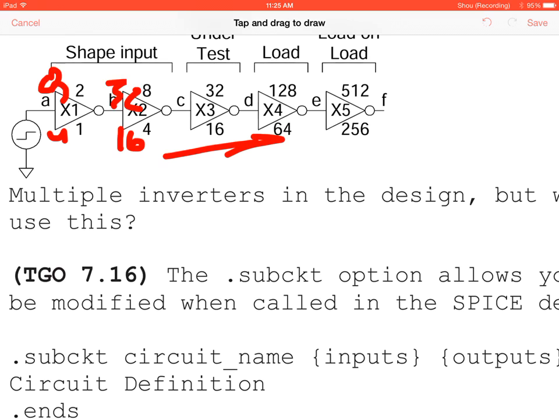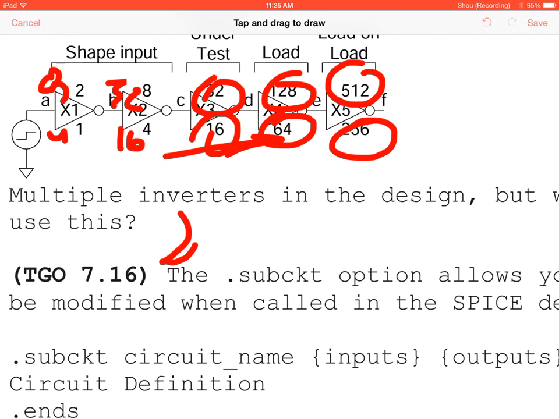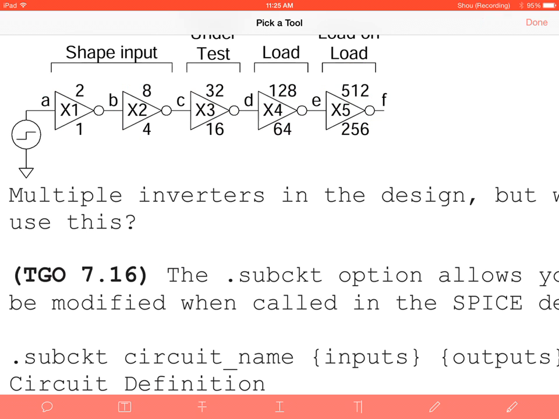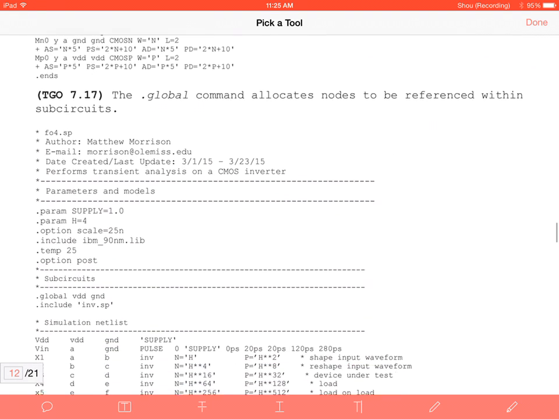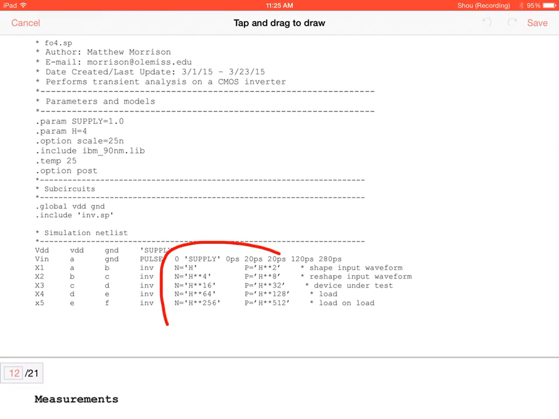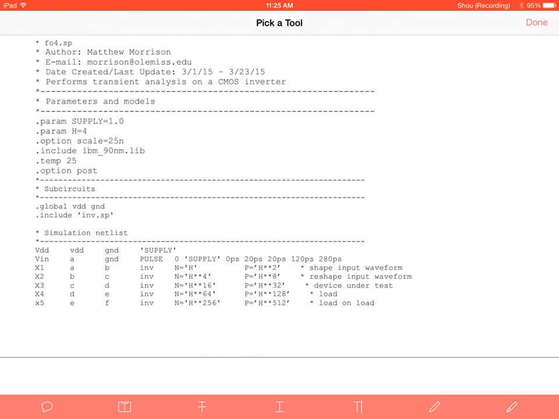So instead of doing all these calculations relating it back to our inputs, because our inputs relate to 8 and 4, we can just use a parameter times 4. So here we have 4 and 8, and then you just use double multiply. That's how using that parameter helps out.